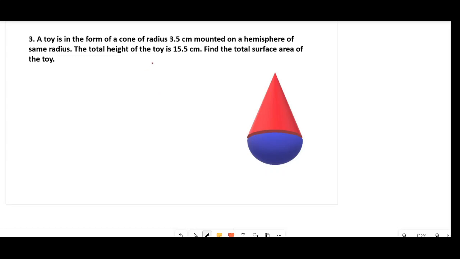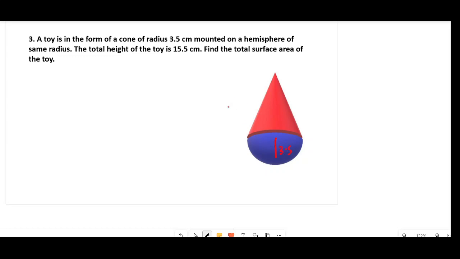A toy is in the form of a cone of radius 3.5 centimeter, mounted on a hemisphere of the same radius, and the total height of the toy is 15.5 centimeter. The total height is given and 3.5 centimeter is the radius. So this will be 3.5.